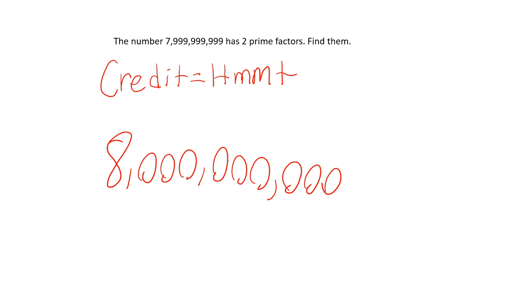And 8 billion, well, 8 is a perfect cube. That tells us that 8 billion is a perfect cube. That also tells us that this can be expressed as a difference of cubes. Now this can be expressed as difference of cubes, obviously. Now how are we going to express it like that?